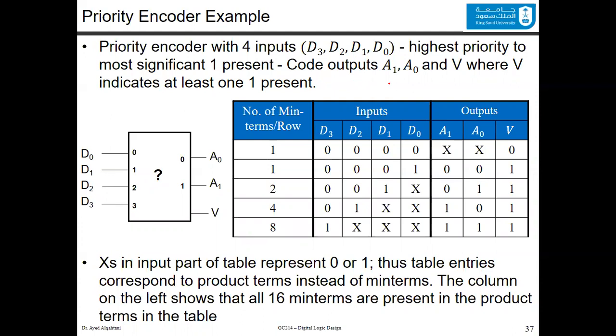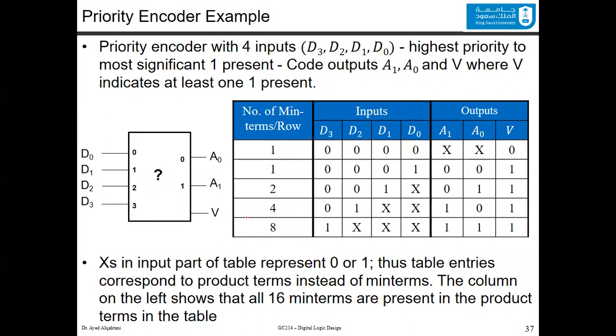And the code output, we have A0 and A1. This is A0 and A1. And you have the output V, where V indicates there is at least one logic one present in the input code.